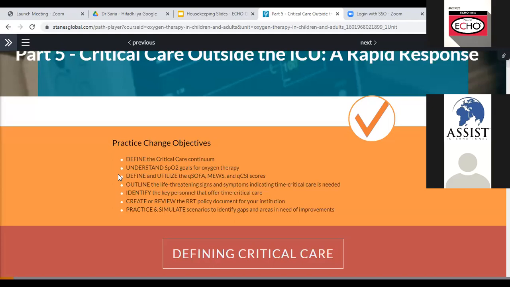We're going to see them and the importance of using them when managing critically ill patients. And also the signs and symptoms of life-threatening conditions, how to identify persons that can offer time-critical care, how to form a rapid response team or system in the hospital, and also the issue of policy and documentation within those institutions. And last but not least, if time allows, practice and simulation.